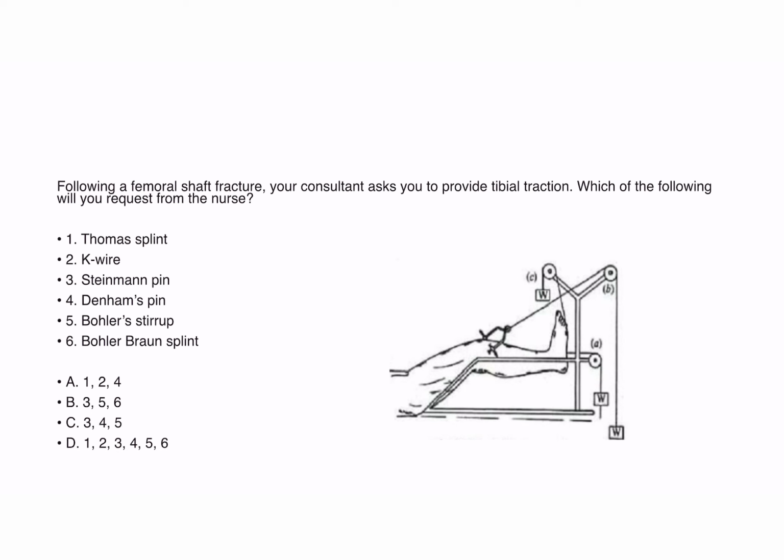You may need to provide skeletal traction, and the question asks what are all the things you need for skeletal traction in a fracture of the femur. So the splint they are asking about is the Braun splint, right? You need the Braun splint, and the Bohler stirrup, and this Bohler stirrup goes to the Steinmann pin. Why not Denham pins? Denham pins are usually for calcaneal traction, and calcaneal traction you would do for a tibial fracture.